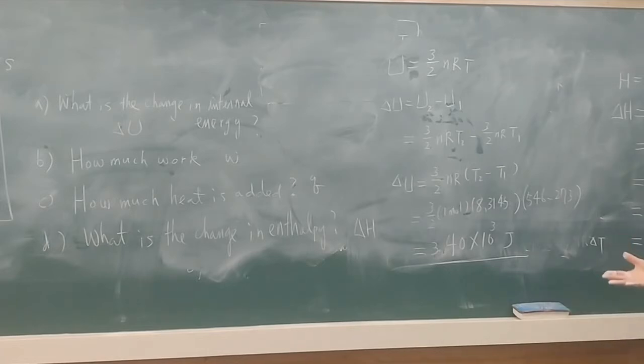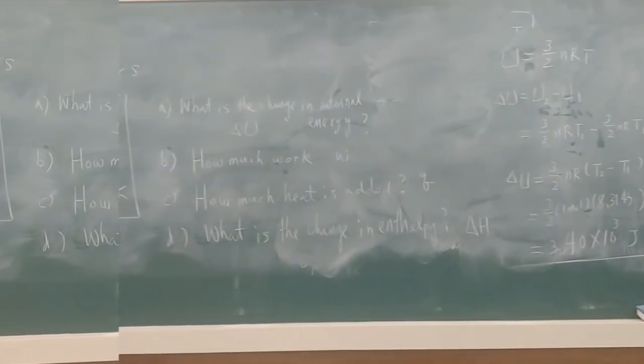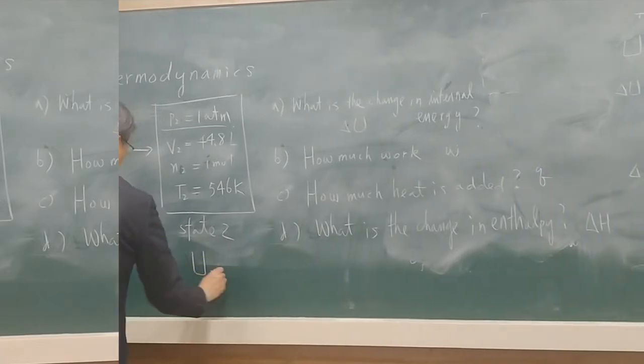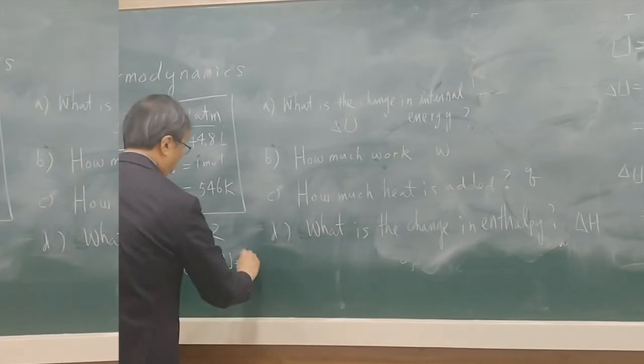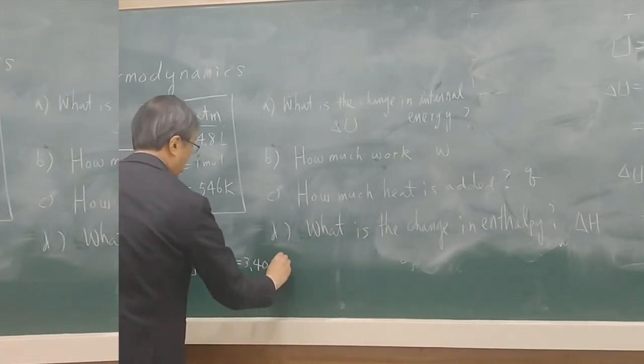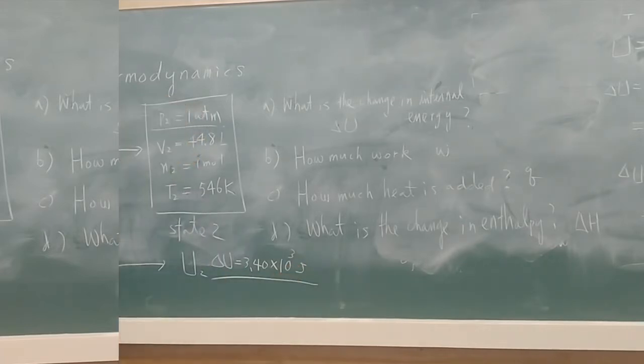So system energy U1 changed to U2, delta U equal this much energy, 3.40 times 10 to the 3 joule. Temperature is increased, so internal energy also increased.